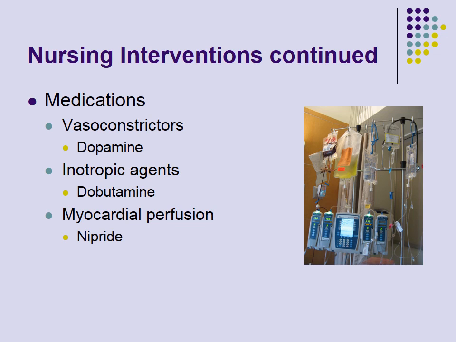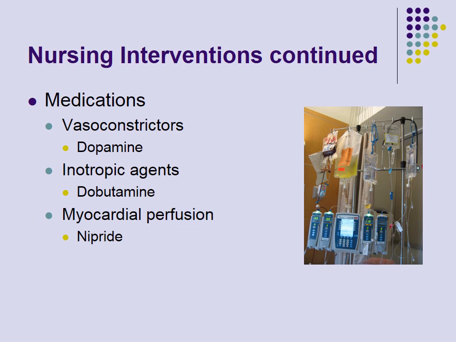Another thing that we want to think about is, what about the myocardial perfusion? And this is very important if we're concerned about the cardiac contractility and the heart function, especially with our patients that have had an MI. But it's also true that as they move through the stages of shock, the cardiac contractility is going to diminish.